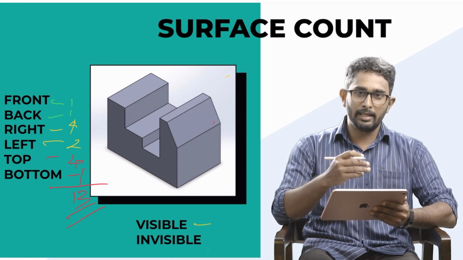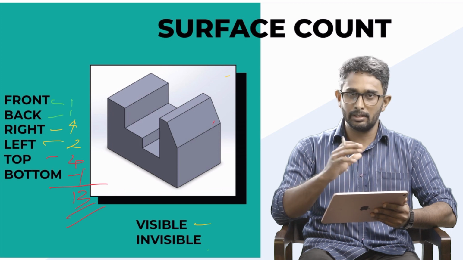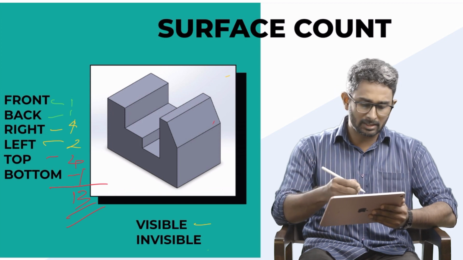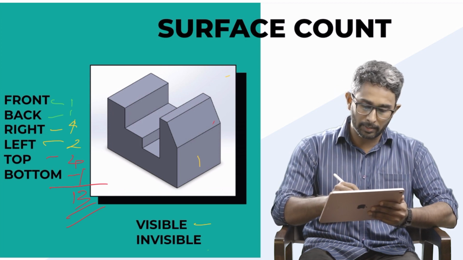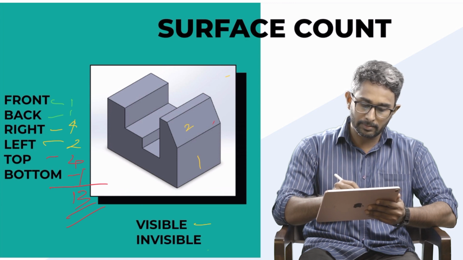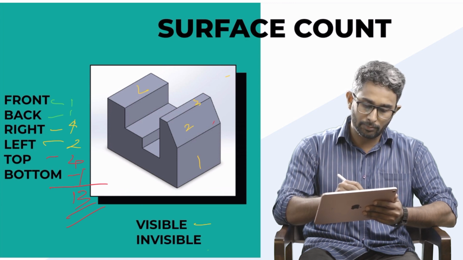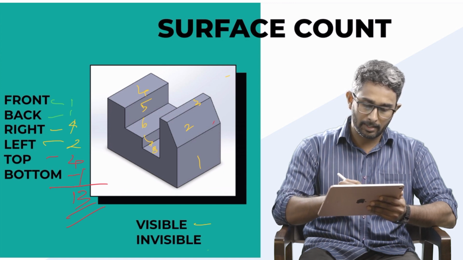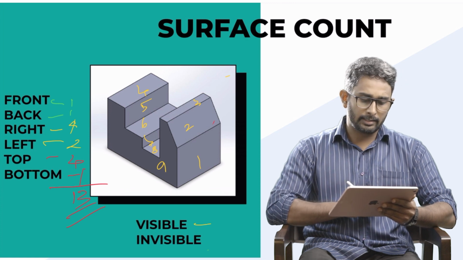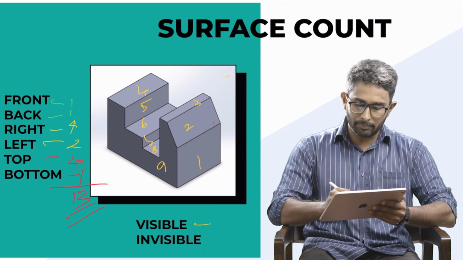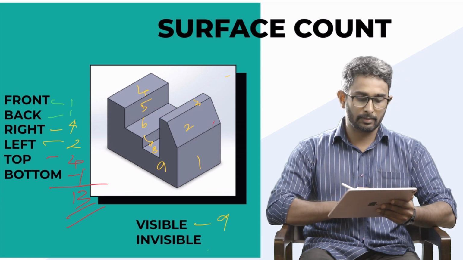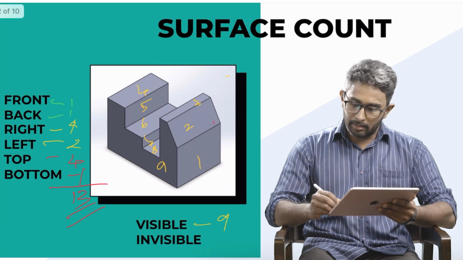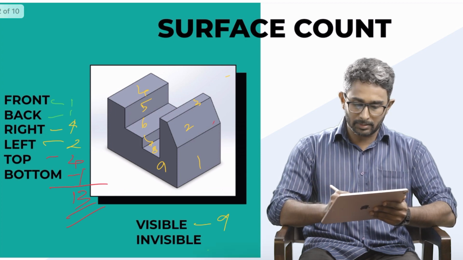So visibly in this 3D figure, how many surfaces can you find? I am naming all the surfaces: 1, 2, 3, 4, 5, 6, 7, 8, 9. I think I am seeing only 9 visible surfaces over here. Next, I am moving on to invisible surfaces.